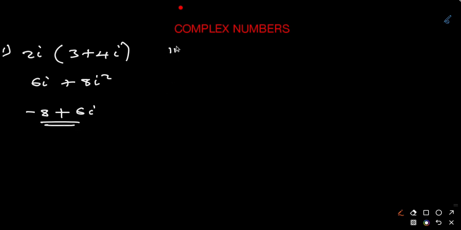Next one. Let's say you have 1 plus i, and you are multiplying it with 2 plus 3i. What is going to be the result? So here 1 multiplied by 2, that is 2. Then 1 multiplied by 3i, that is 3i. Then here we are going to get 2i.